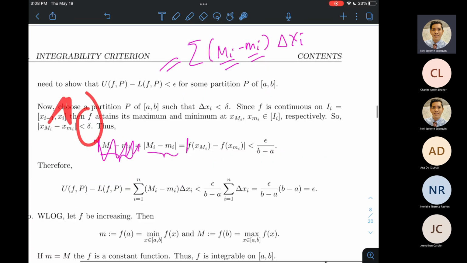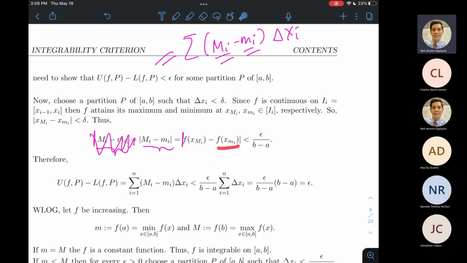So therefore, function value siya ni x sub Mi, function value siya ni x sub little mi, yung difference nito ay hindi lalampas ng epsilon over b minus a. Okay? Ang daming pinagdaanan, no? Pero there, nakita na naman natin si epsilon over b minus a.